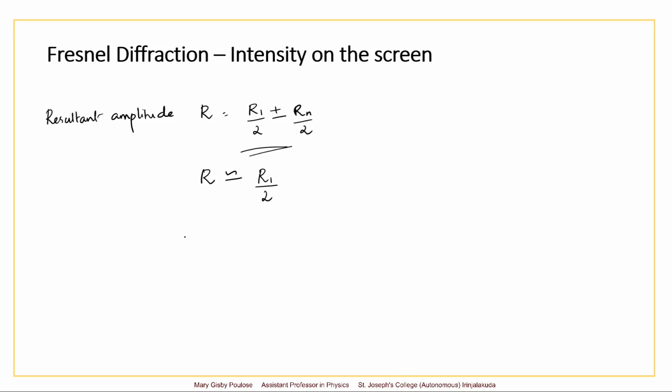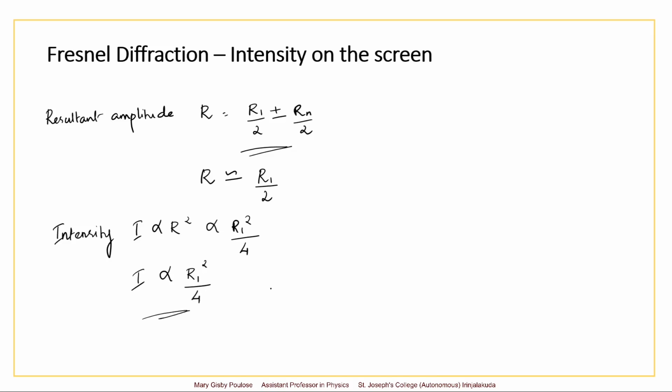Now, we actually see the intensity of light, right? So the intensity on the screen, I, is proportional to R squared, hence proportional to R1 squared by 4.